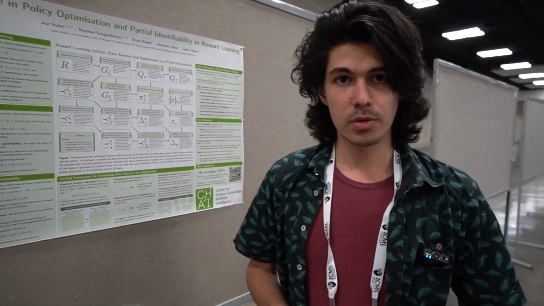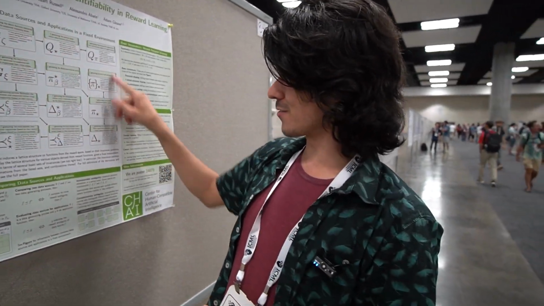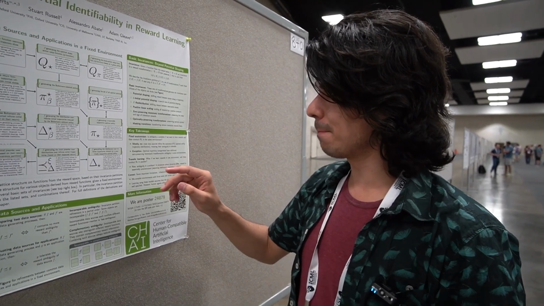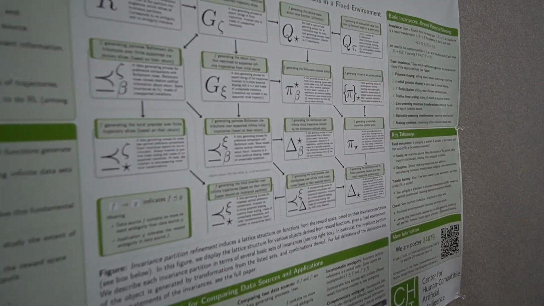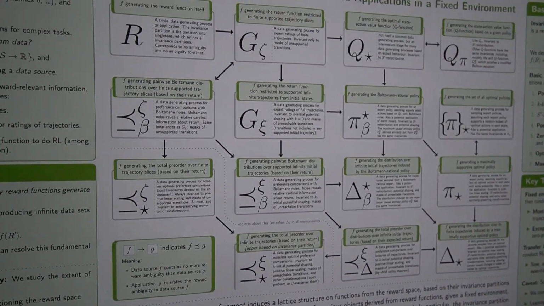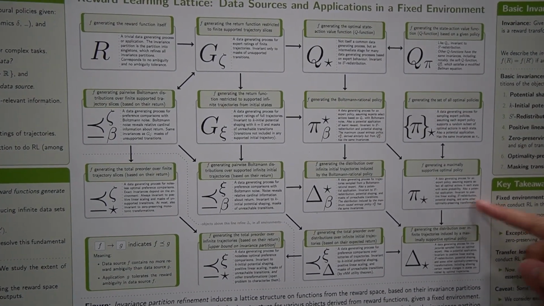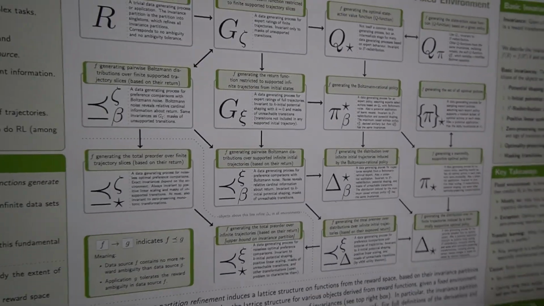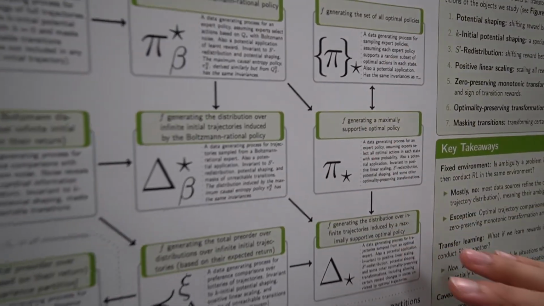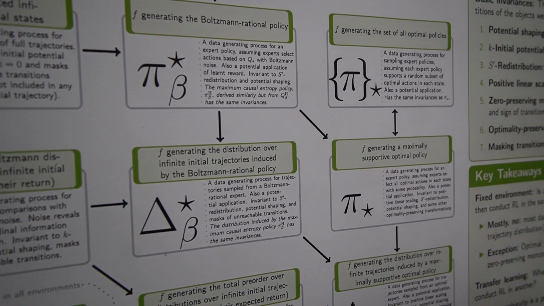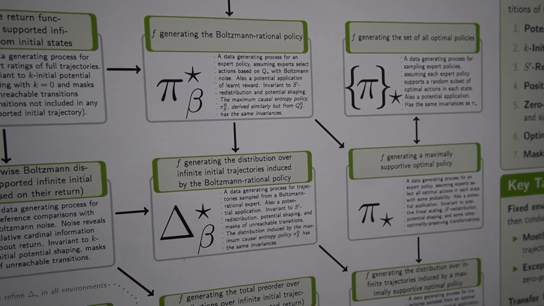And you talk about different data sources, and I see you have this poster. What are some different data sources? Well, each of these boxes in the diagram corresponds to some specific set of assumptions, like whether you have a certain type of optimal policy or a different type of optimal policy. But broadly speaking, over here we've got what you could call inverse reinforcement learning data sets, where it's about optimal behavior from some expert, with some definition of optimal.